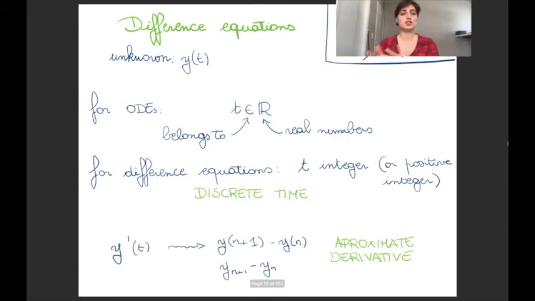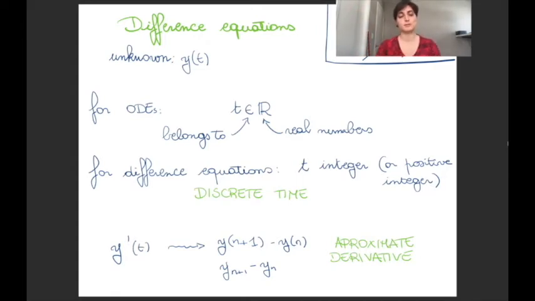For differential equations, we were dealing with a derivative. So the unknown was y, and we had information about how y prime behaved. Instead, in difference equations, we are going to approximate derivatives, similar to what we did in Euler's method. So instead of y prime, we have y_{n+1} and y_n, so y computed at time n+1 and y computed at time n, maybe with a rescaling.